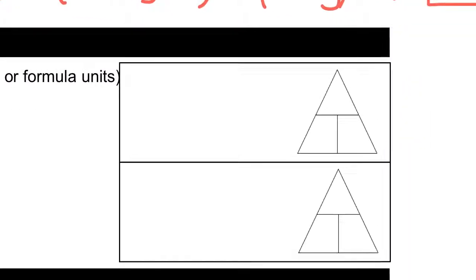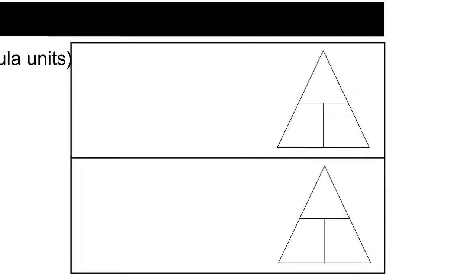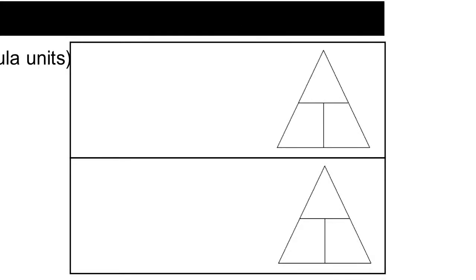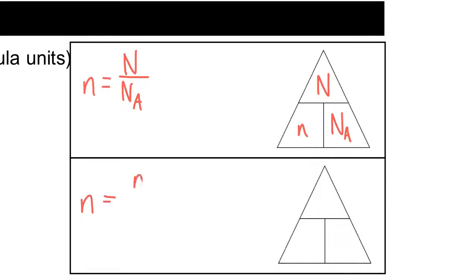So I want to show you 2 equations. The first one you've seen from last lesson: number of moles equals number of particles divided by Avogadro's number, and we could fill in our triangle to make our algebra easier for rearranging. The next one is number of moles again, but this time it's the mass divided by the molar mass.